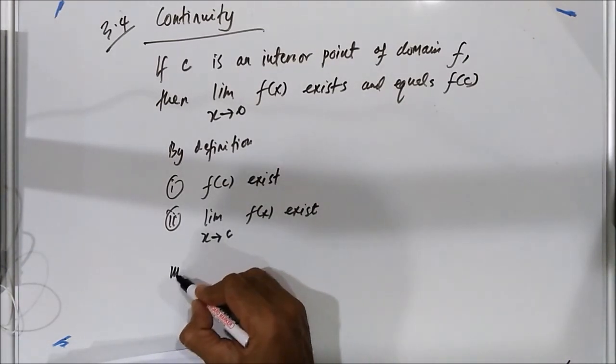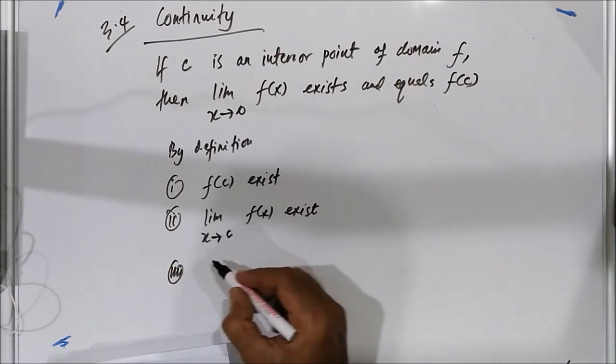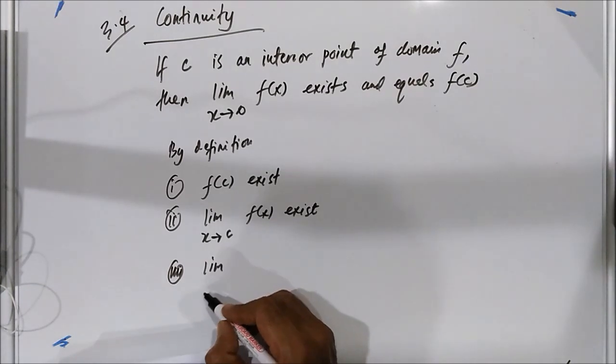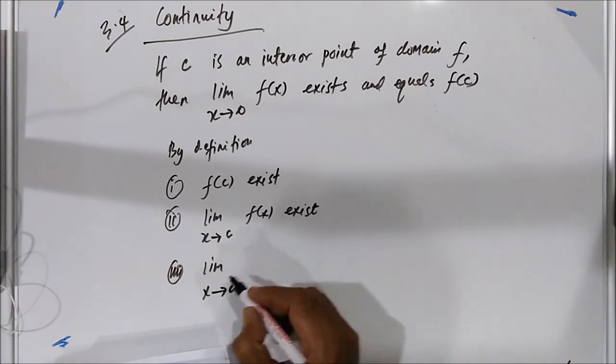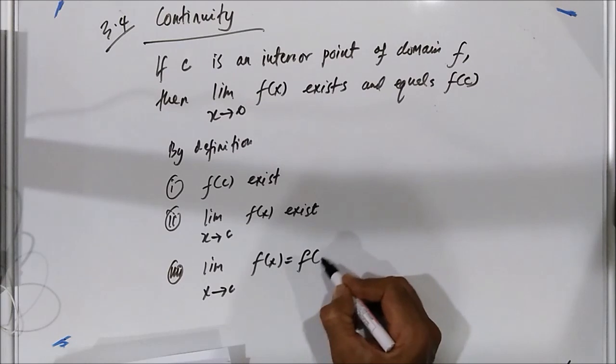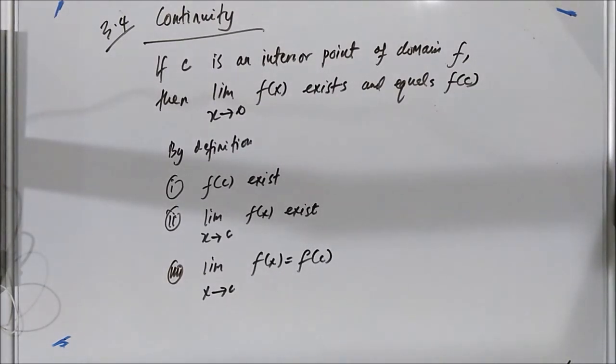And 3, the limit as x approaches c of f(x) is equal to f(c). These are by definition.